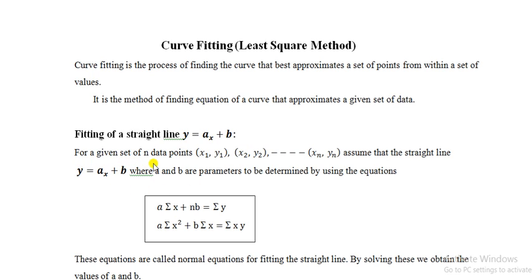For a given set of n data points x1 y1, x2 y2, x3 y3 up to xn yn, we assume the straight line y equal to ax plus b, where a and b are parameters to be determined using the equations. We calculate the unknown values a and b with the help of the following two equations. First, a into summation of x plus n into b is equal to summation of y.